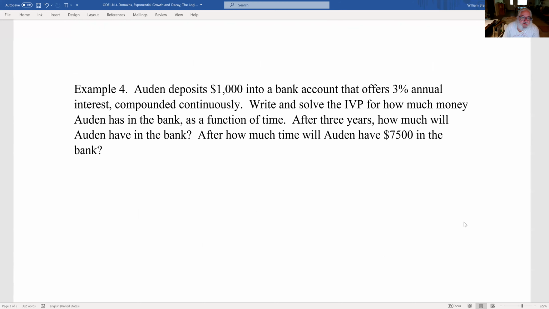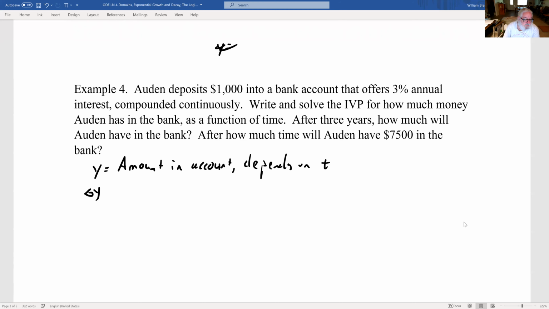So if y equals the amount in the account, and it's a function of t, then the change of y over a particular time period is going to be 0.03 times y, right? How much interest do you get? You get 3% of what you have in the account.